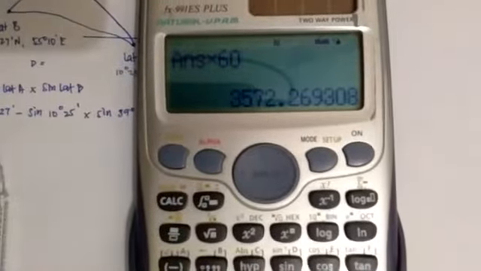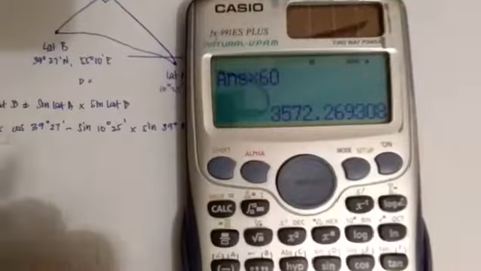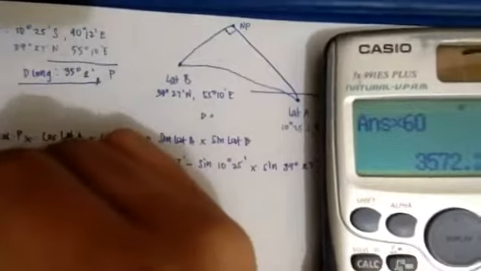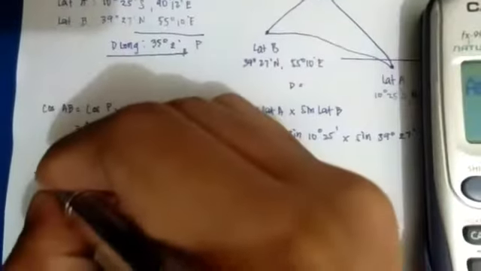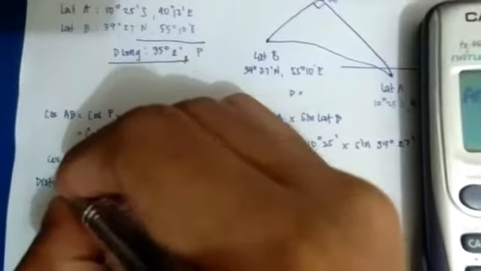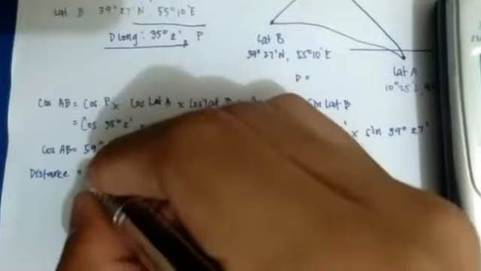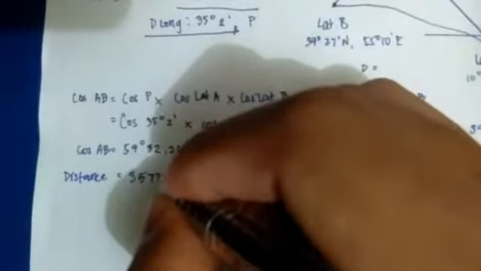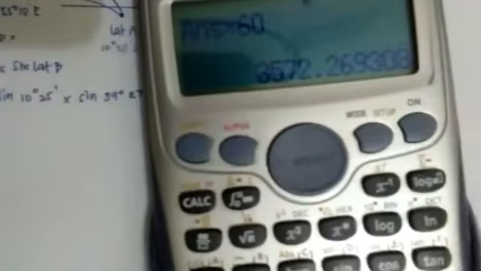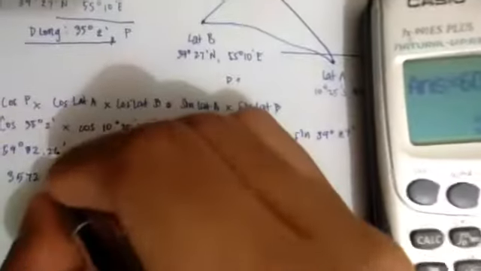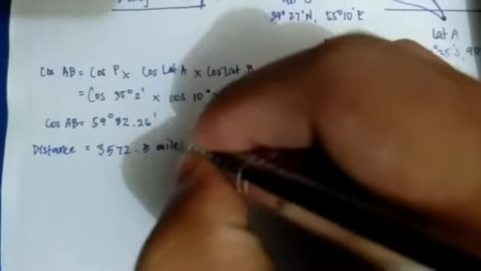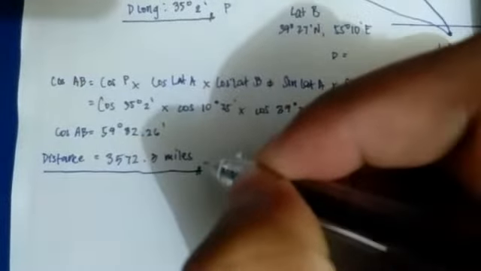Multiply by 60, so we will get 3,572 miles distance, which is our distance.